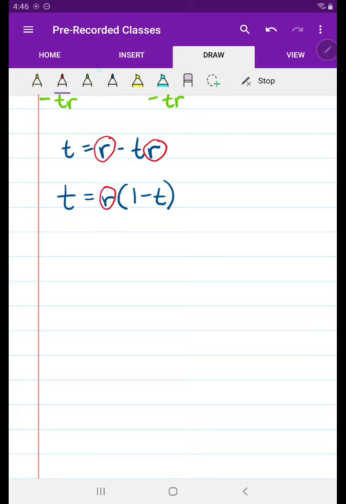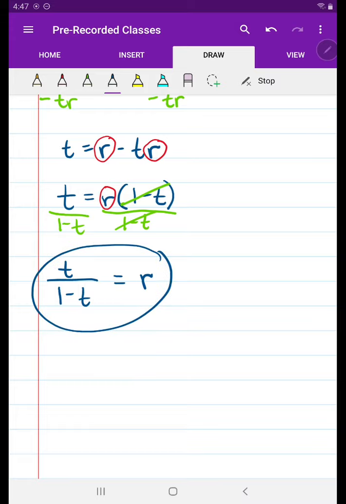So I'm going to now divide both sides by 1 minus T. And so that will cancel it on the right side. So now on the left side, I have T over 1 minus T, and that equals my lonely R. And so that's it. That's all we had to do, because we have to get R by itself, and we're all done.